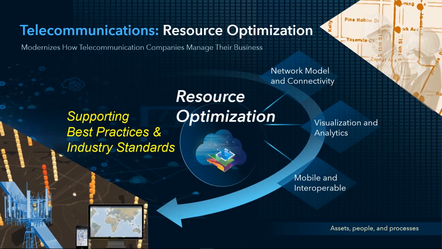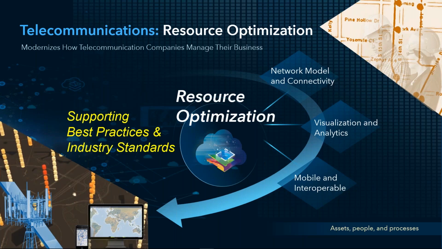First, modeling the network and the connectivity of all current architectures is critical, and using a comprehensive model that reflects the reality in the field in 3D when needed is an excellent step forward in this area. In this section, we're going to focus on optimizing assets. Secondly, we're going to look at how to analyze the network data and visualize things like routing and scheduling to optimize how people work.